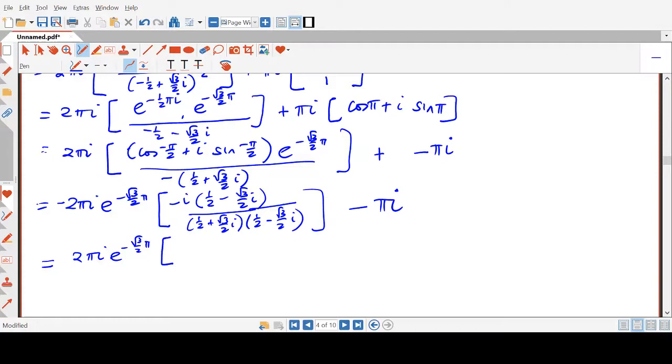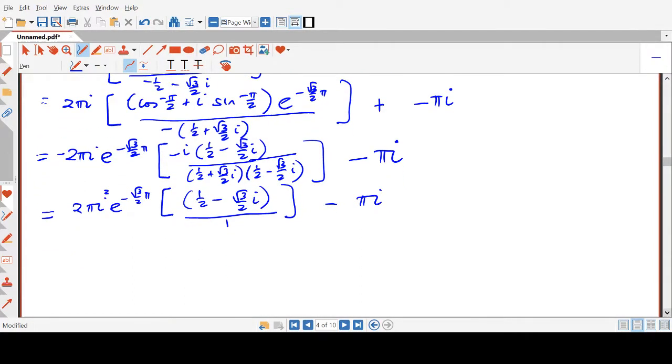This thing becomes, well, i squared is minus 1. So this is simply half minus root 3 over 2 i. And at the bottom, it'll be a squared plus b squared, 1/4 plus 3/4, which is 1. Minus pi i. It is coming down to a sensible number, guys.